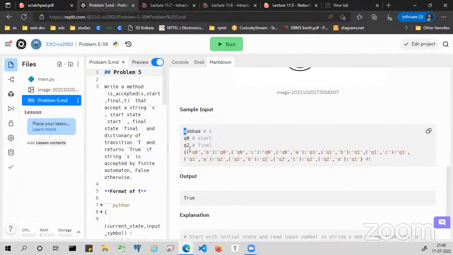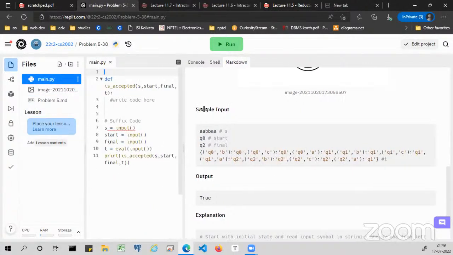Finally, when the string gets exhausted, check the last state you are in. If that state is equal to Q2, the given final state, then you return true, else you return false.